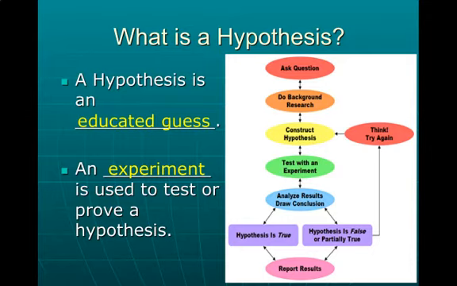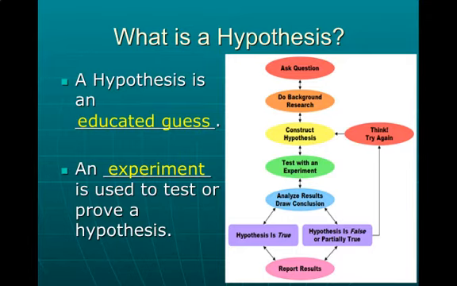There on the right-hand side, you can see the scientific method listed out in a different way that you may not have seen it before. Starting out, we ask the question, we do some research, then we form our hypothesis. After that, we're going to test it with an experiment, look at your results, and you're going to have one of two outcomes.